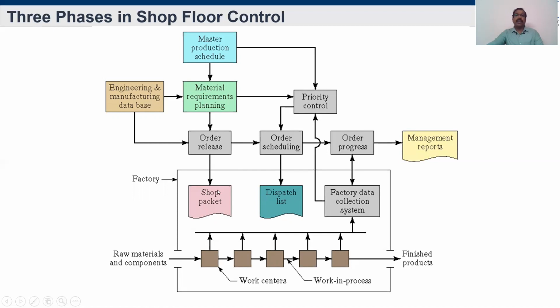Order release has the shop packet, which we'll discuss in upcoming slides. Order scheduling has the dispatch list, and order progress has the data collection system.